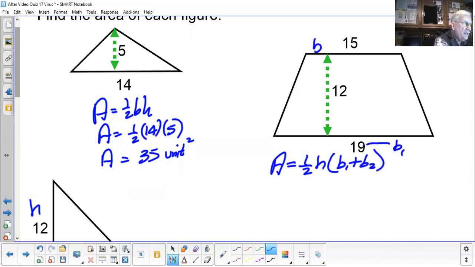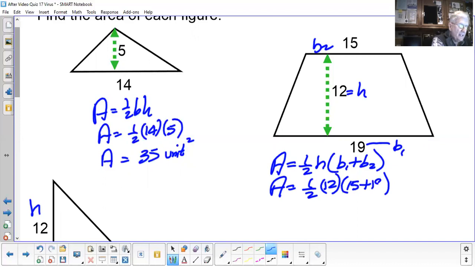This would be B2 up here, and your height, of course, is right here. So I would simply do A equals 1/2 times the height, 12, and I will multiply that by the sum of the bases, which is 15 and 19. I can do 15 plus 19 ahead of time because it's in parentheses, so I'll make that 34.